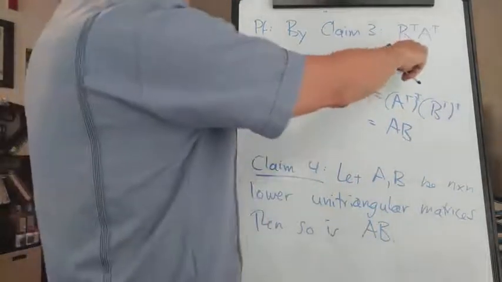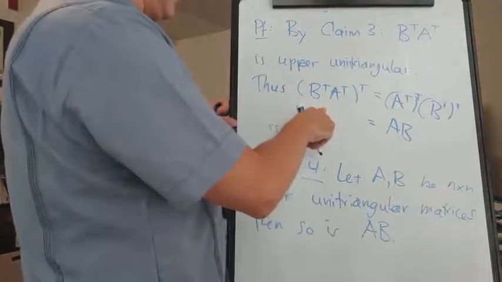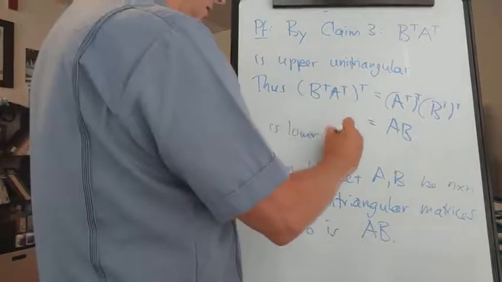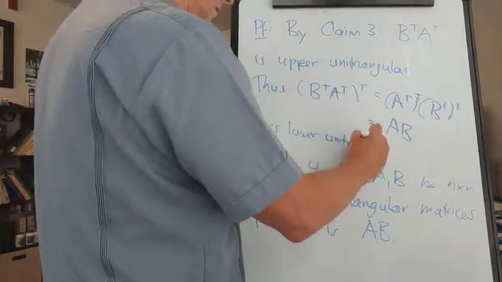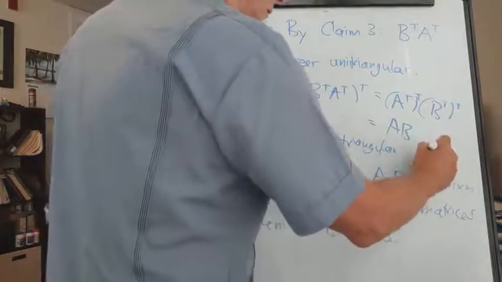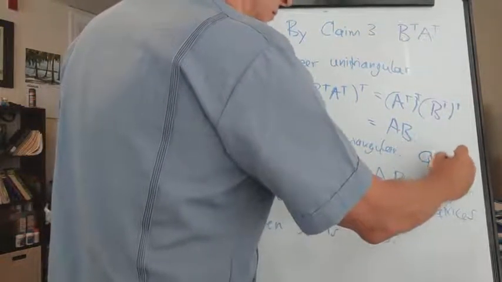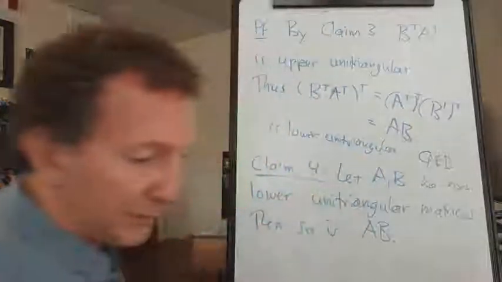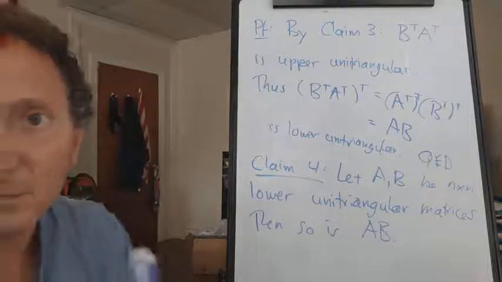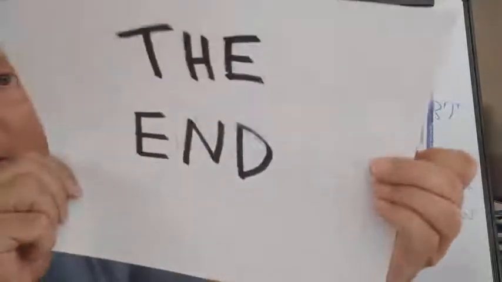So if this is upper unitriangular, then its transpose is lower unitriangular. Questo è dimostrato. And that's enough for now.